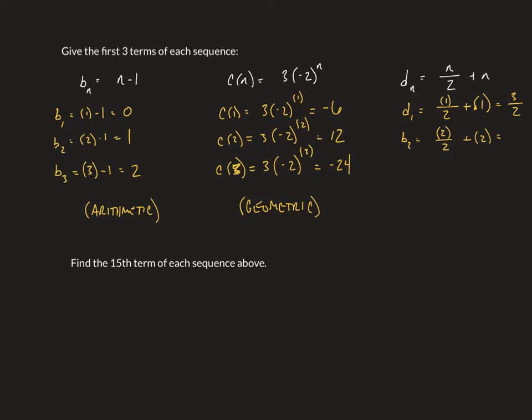Okay, so 2 divided by 2 is 1, and 1 plus 2 is 3. And then lastly, the third term is going to be 3/2 plus 3. And I'll make a common denominator here. So this is the same as 3 halves plus 6 halves, and that's 9 halves.